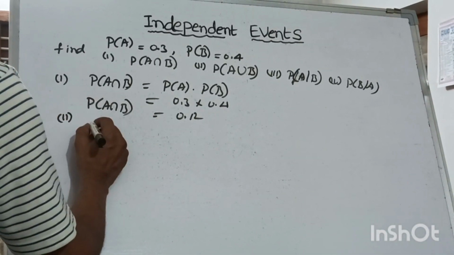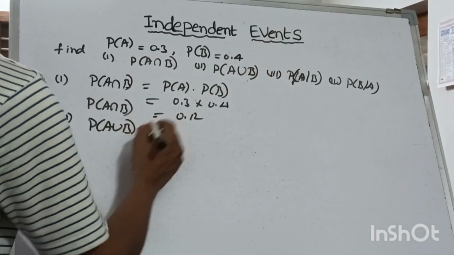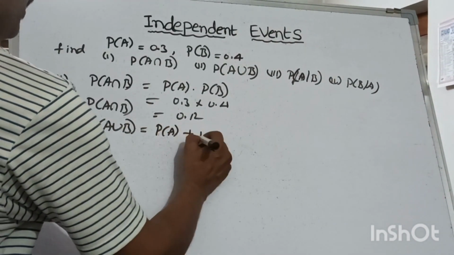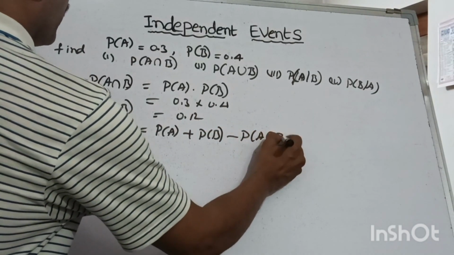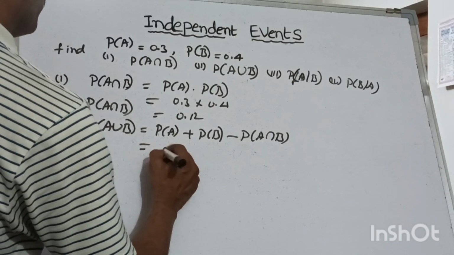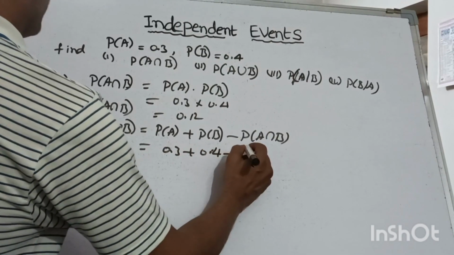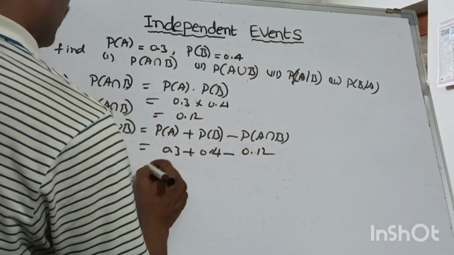Second, probability of A union B. We know the result: probability of A union B is equal to probability of A plus probability of B minus probability of A intersection B. Substitute the values: 0.3 plus 0.4 minus 0.12.